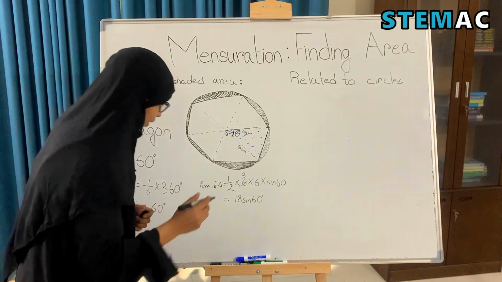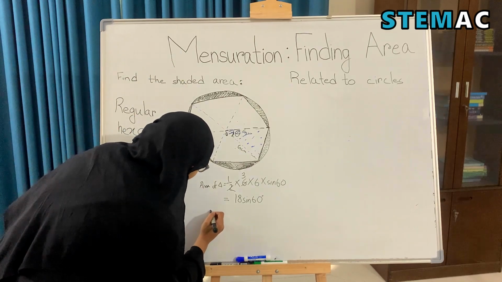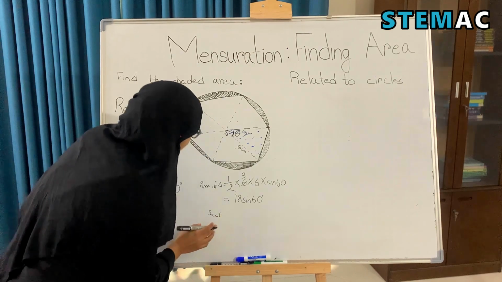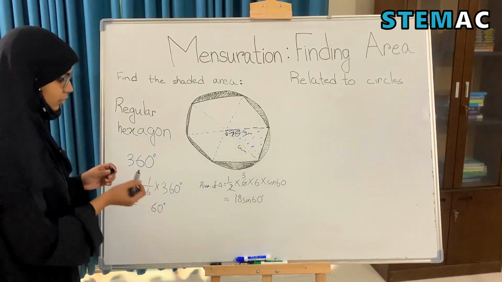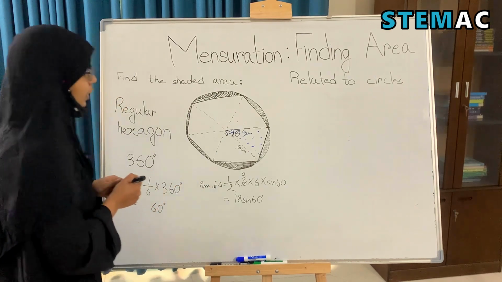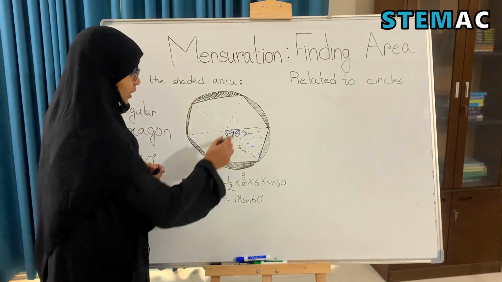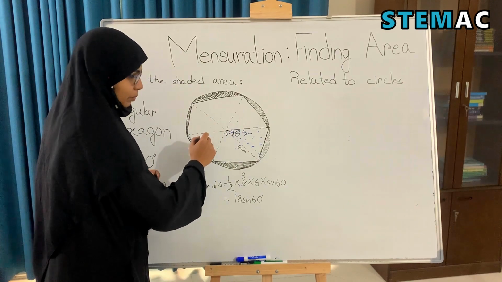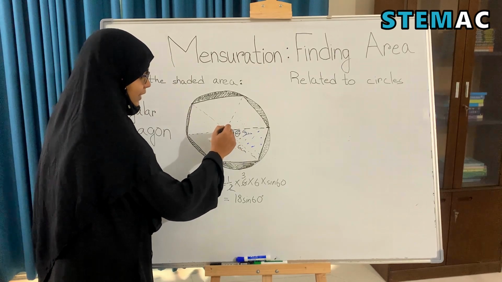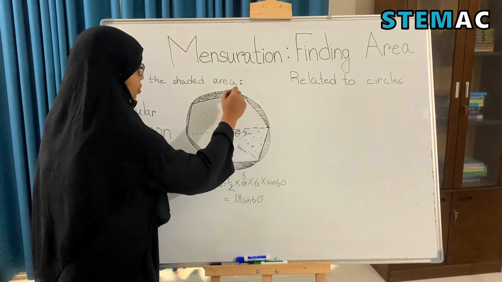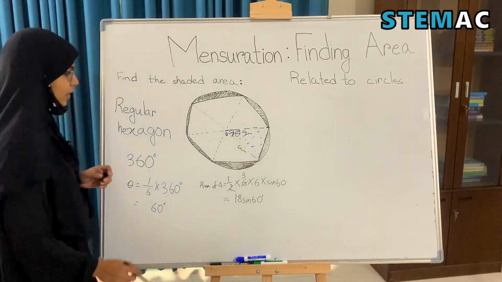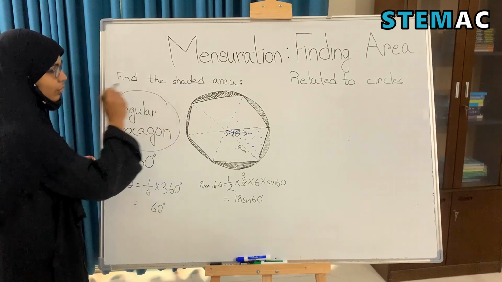It's not necessary, I think, to find the sector area, because these 6 triangles are exactly the same, 1 2 3 4 5 6, because the hexagon was a regular hexagon.